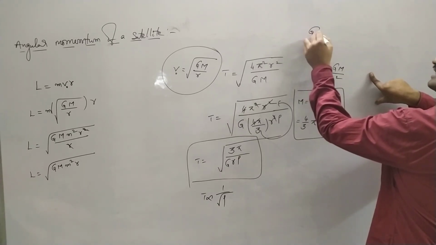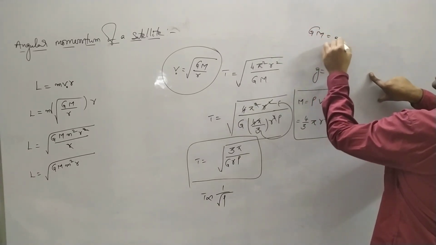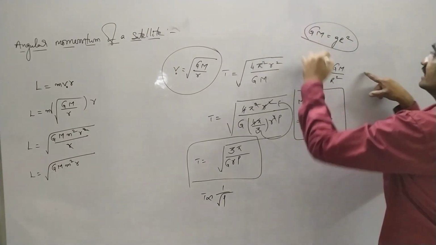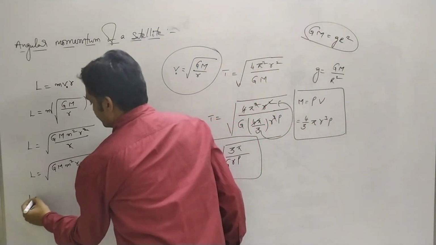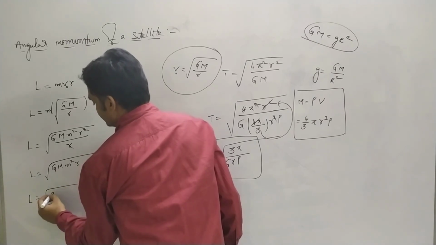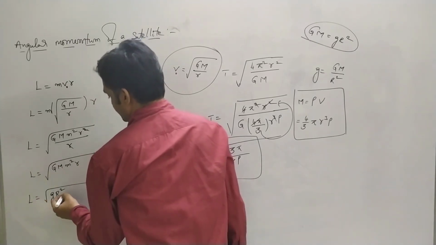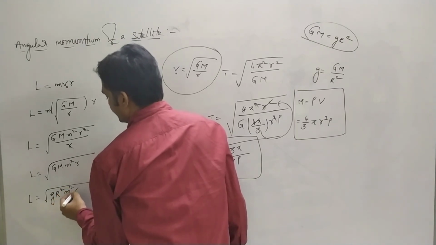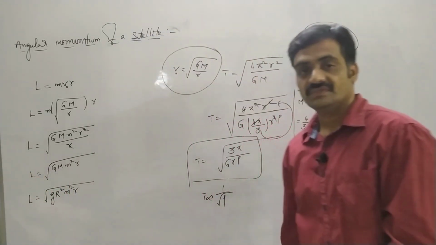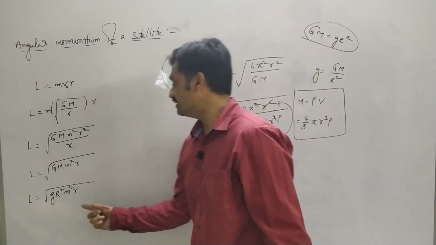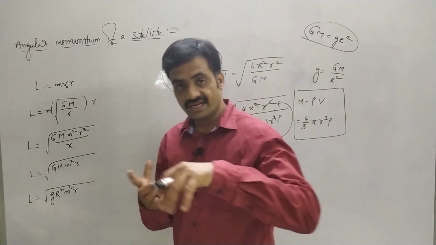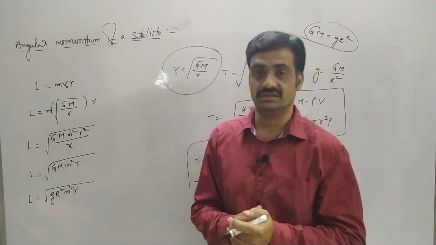So in place of GM, we can substitute g r square. As we substitute, the angular momentum can be represented as g r square M square into r. So this represents the angular momentum of a satellite which is revolving around the Earth.